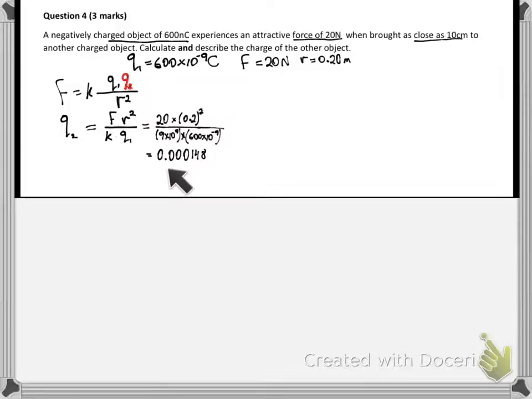This time, how many times am I going to shift it? 1, 2, 3, 4, 5, 6 times. So shifting it 6 times, what's the equivalent unit I could use now? There it is, that's right, a micro. So it's 148 microcoulombs.